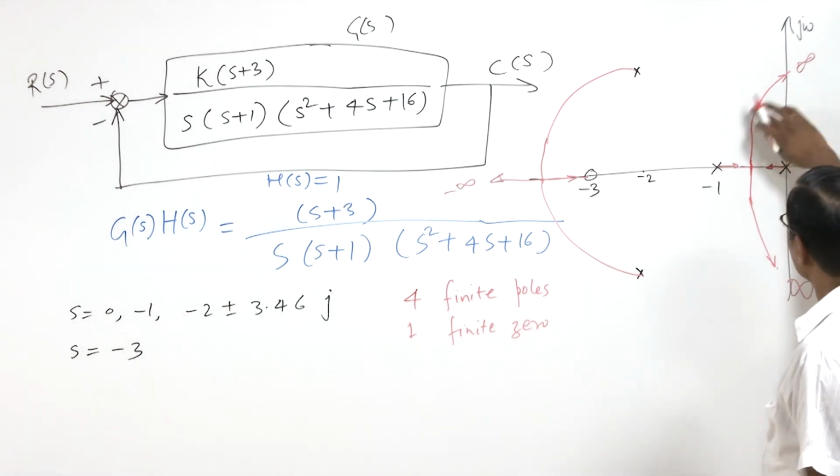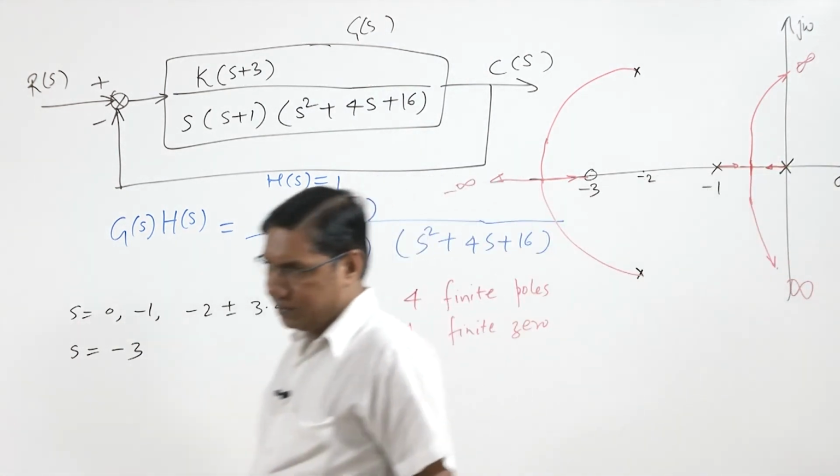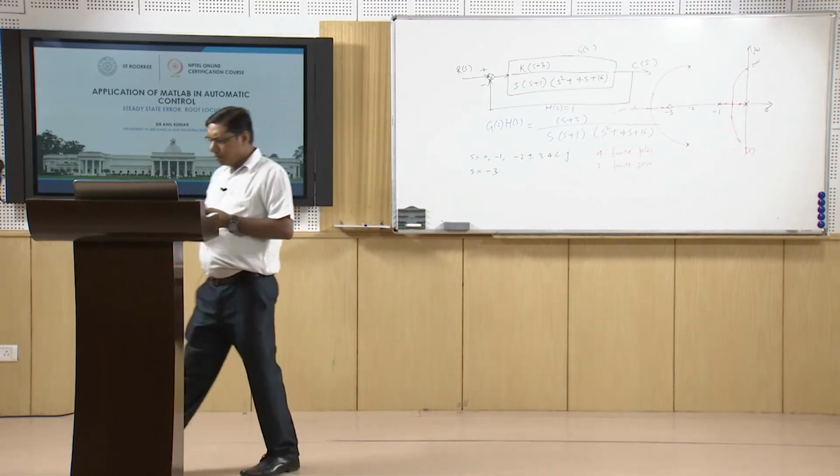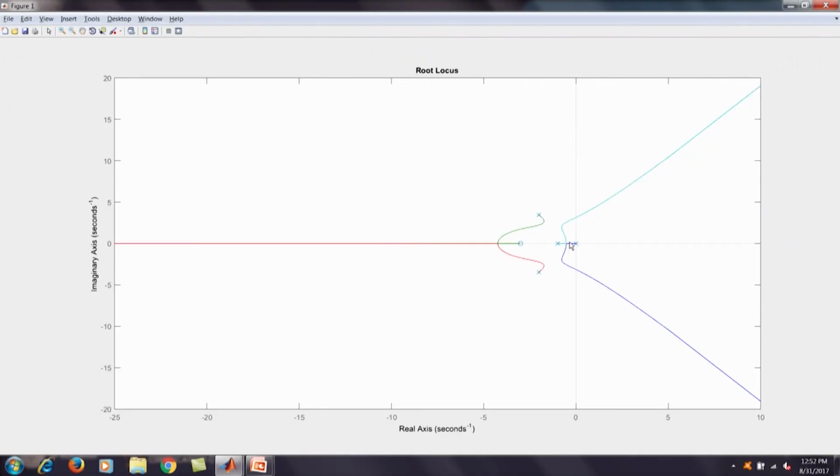We can find those asymptotes, and we can also find where they cut the j omega axis. These poles go here, then lead to the unstable region.